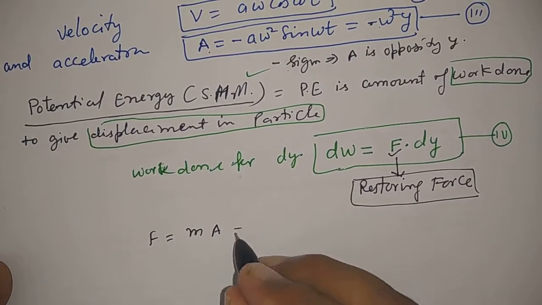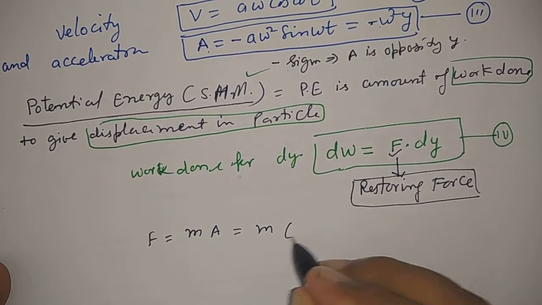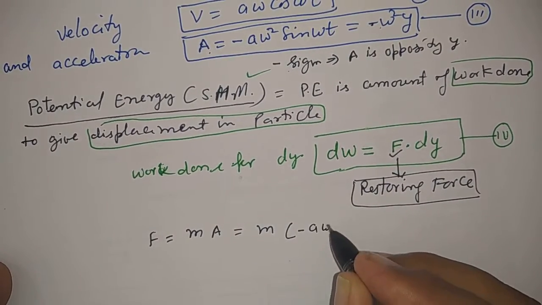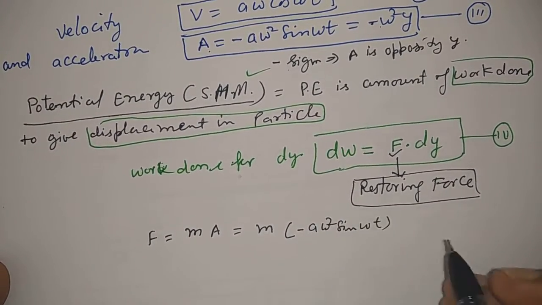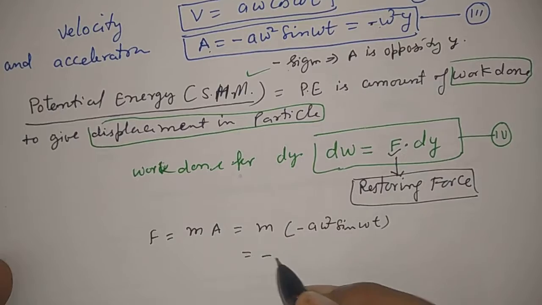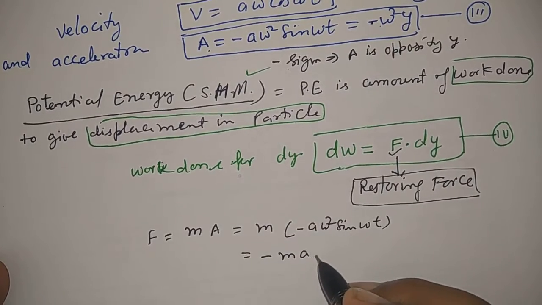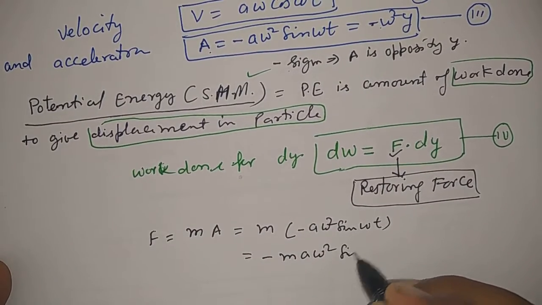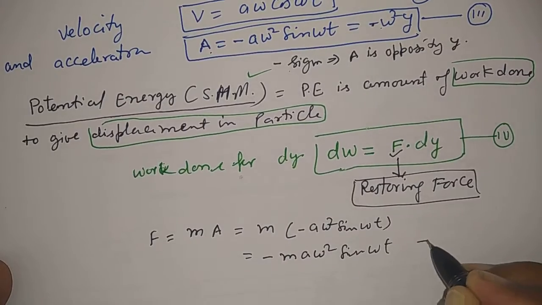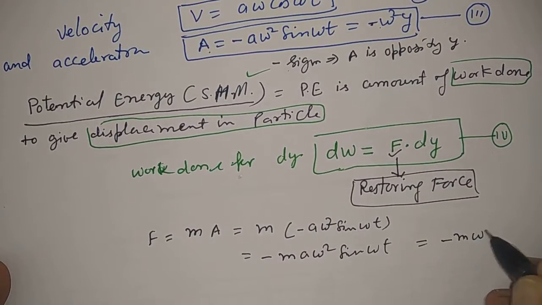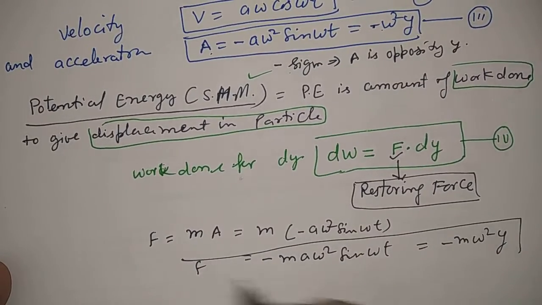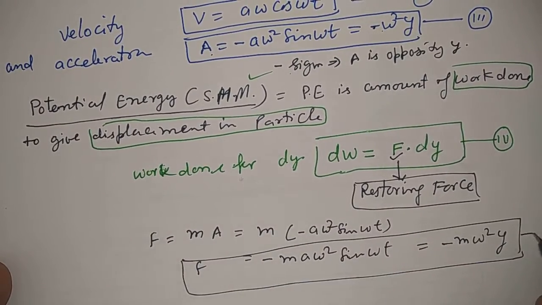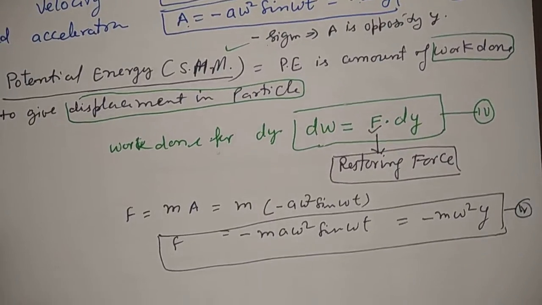Mass into acceleration is minus m a omega square sin omega t, or we may also write minus m omega square y, the restoring force. It is represented by equation 5.